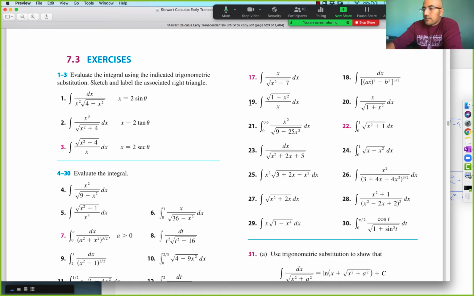Since it's not quite as easy as just the substitution rule, we have to follow their lead and proceed by letting x equal 1 times tangent of theta, or just tangent of theta.